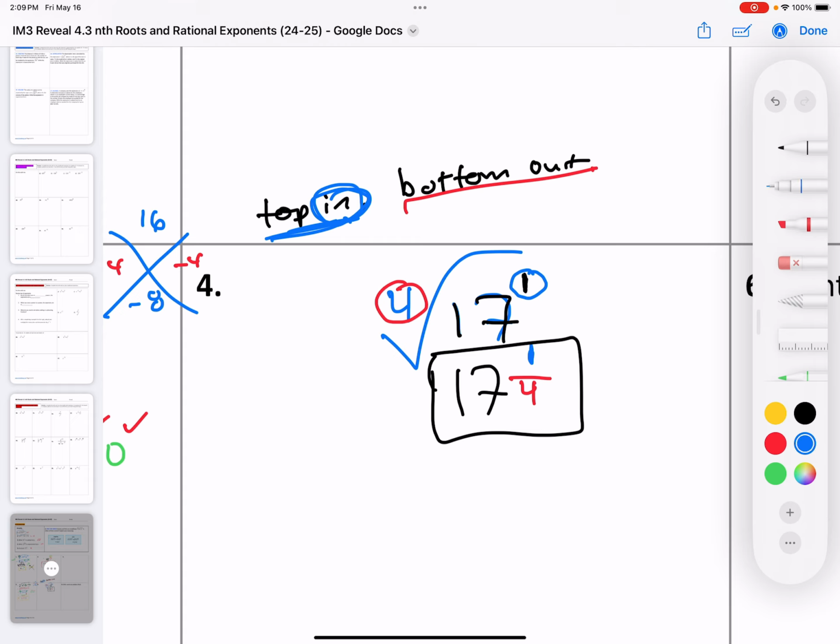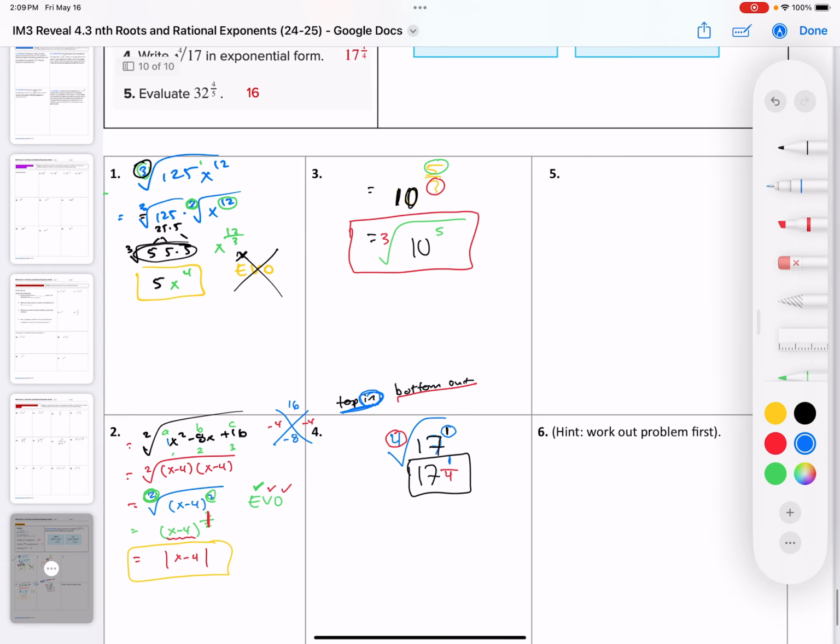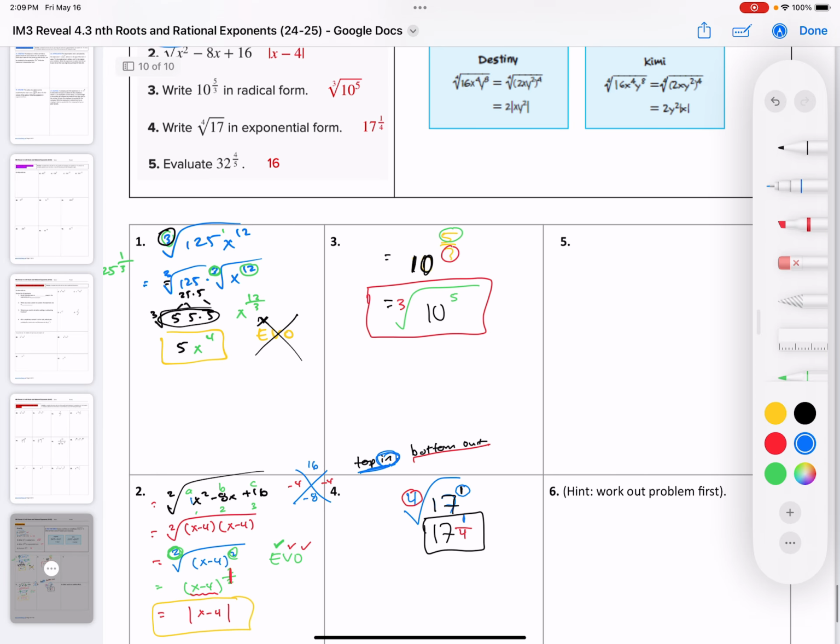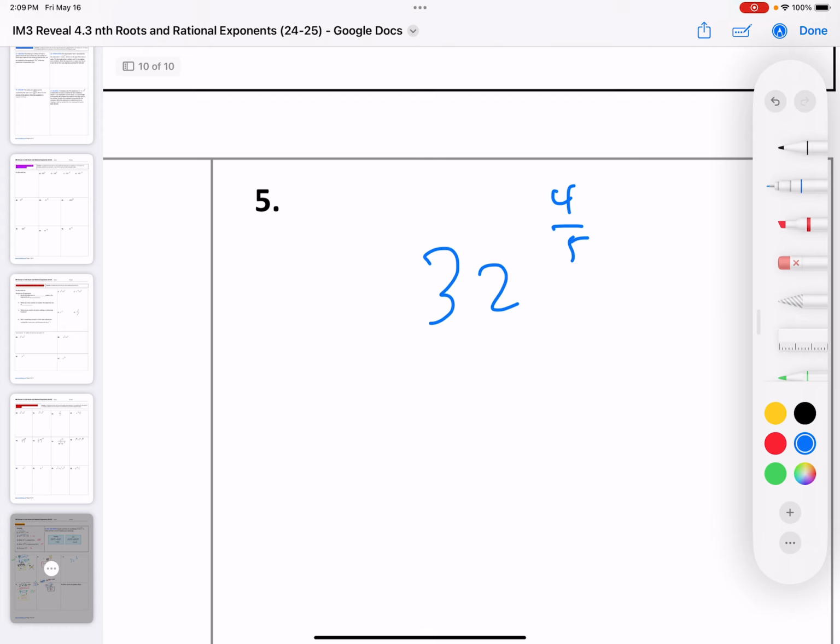Question number 5. Evaluate the 5th root of 32 to the 4th. Okay, same thing with the silly phrase. That's going to go in, bottom out. Okay, so I would just use your calculator there. This calculator's what I got right here. Oh, great, now it's dark. Let's see. Boom.